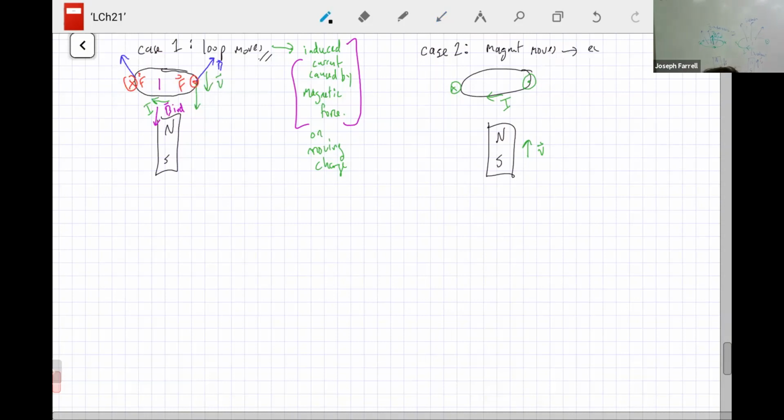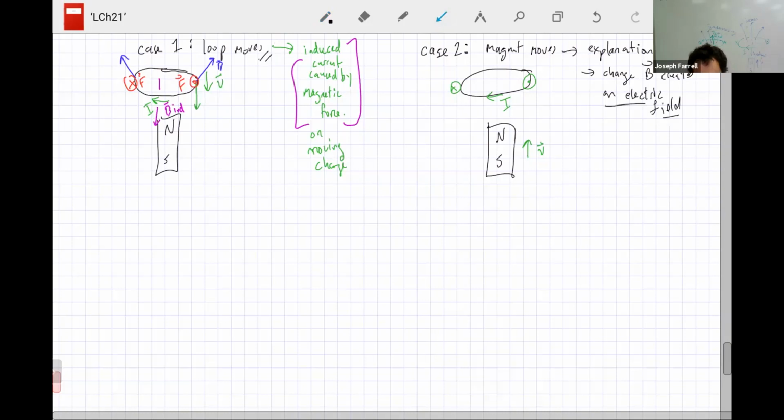Here, the explanation is a little bit more crazy, just more new to us, is that the changing magnetic field creates an electric field. And so this is quite a step here, but I just want to mention just one more time, how are these different? It turns out they're not different.